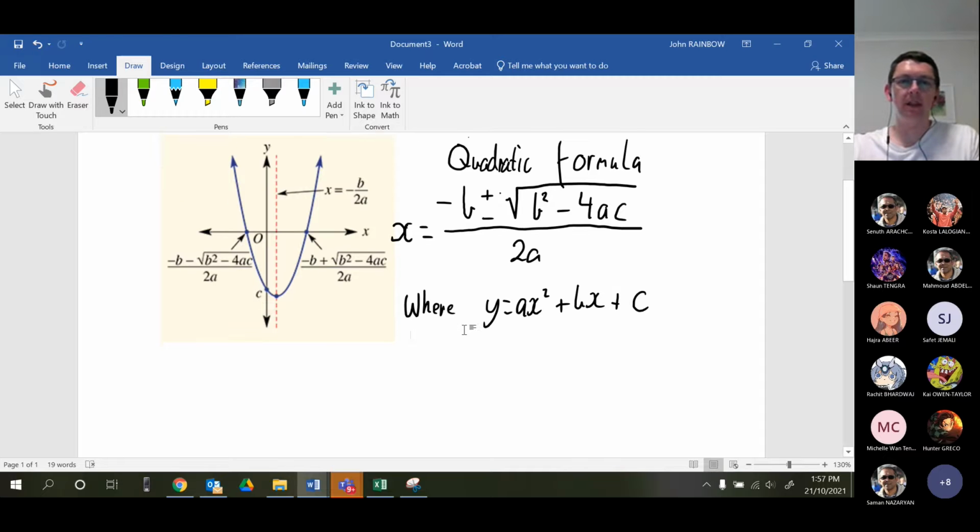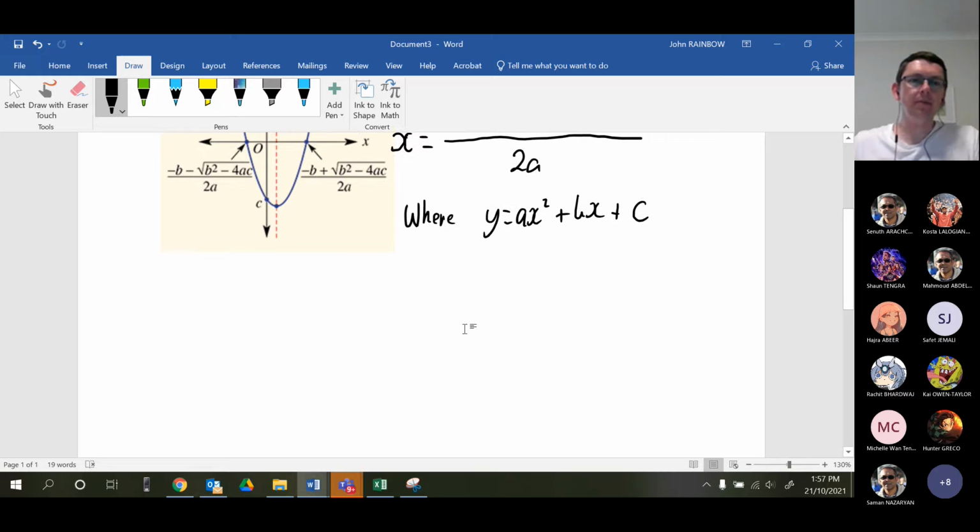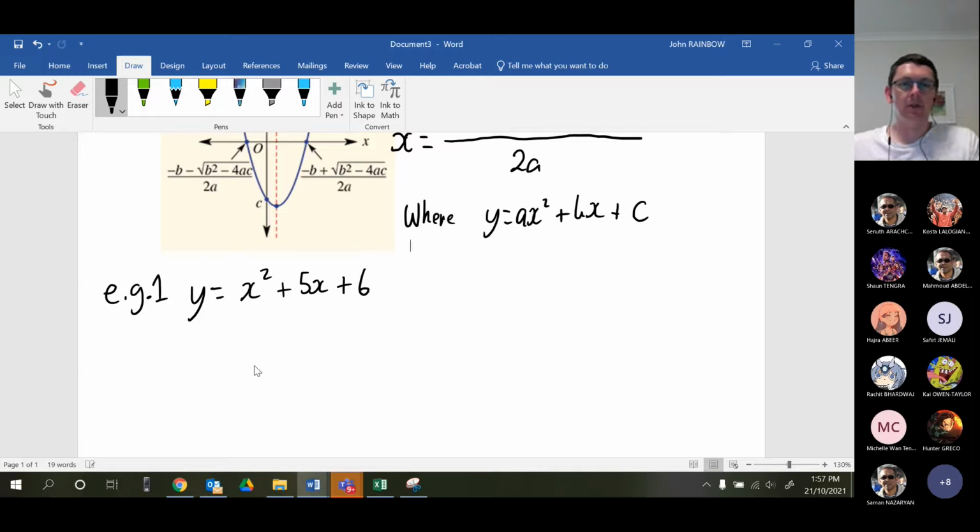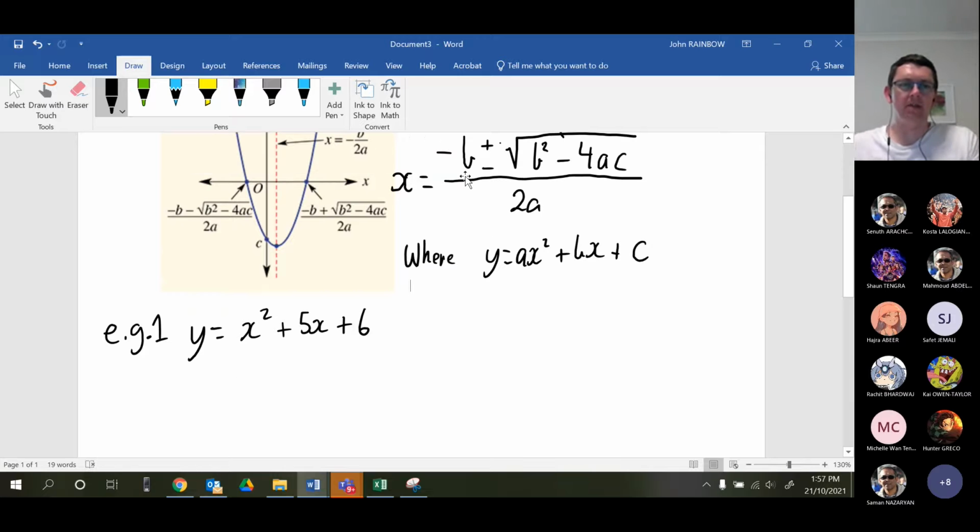So let's run through an example of this. We've looked at completing the square, we've looked at factorizing and how to find all these points. Let's do one that we know. Let's go with x squared plus 5x plus 6. Now, if you saw this, I probably wouldn't use the quadratic formula to find the x-intercepts.